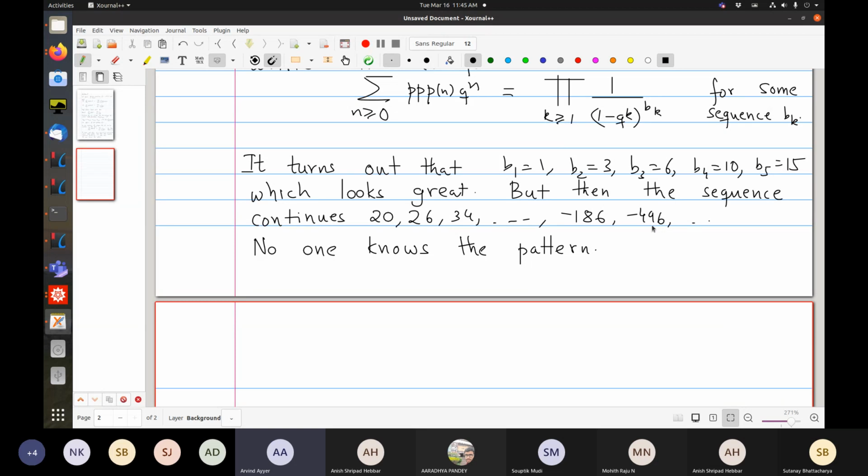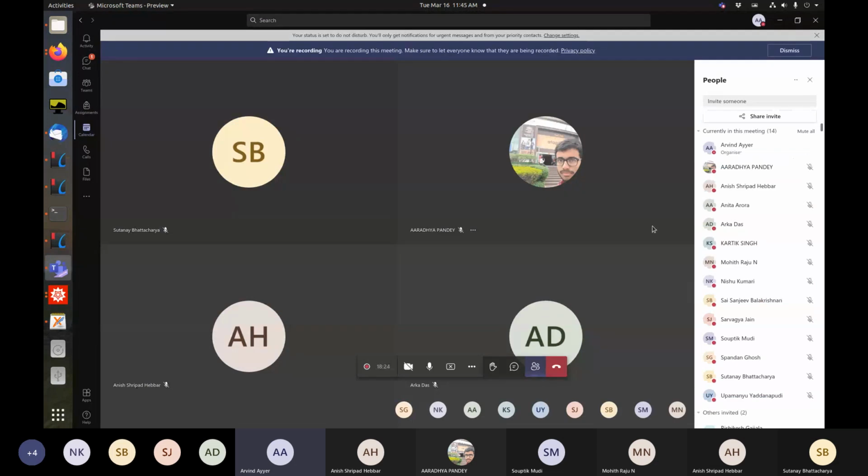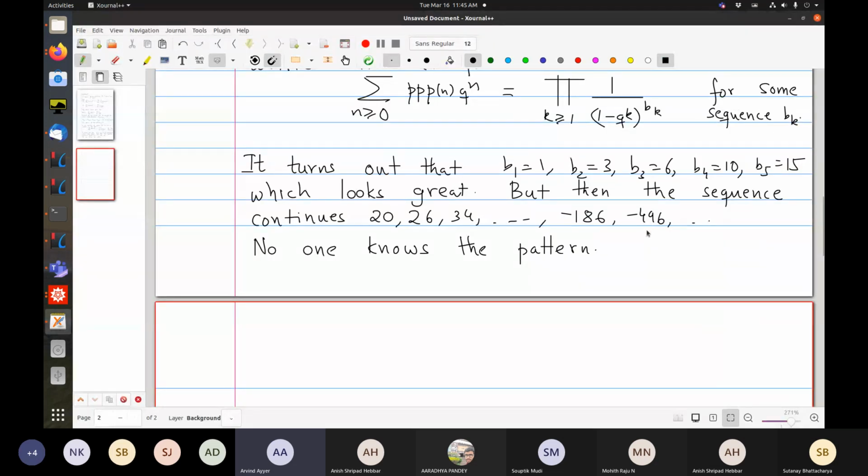So I'm going to shift gears now. But before I do, are there any questions? Okay, very good. So what I want to do now is go towards the modern view of plane partitions.